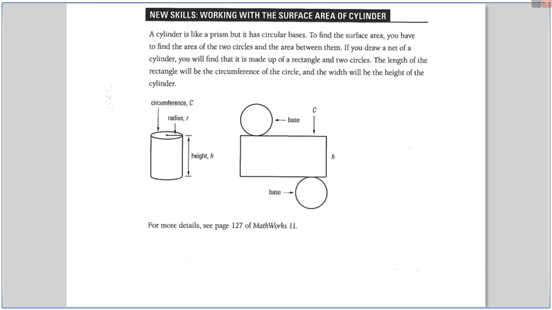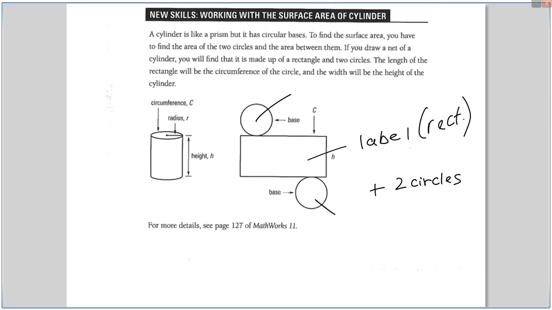Alright, so here we go. Surface area of a cylinder. All it's going to be is the label of a soup can plus 2 circles. Can everybody just jot that in? The label is just a rectangle, if you were to unfold it.